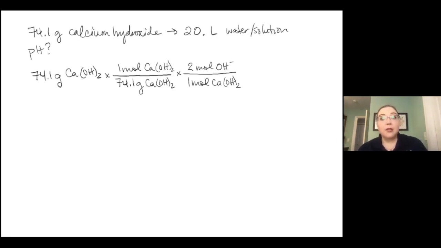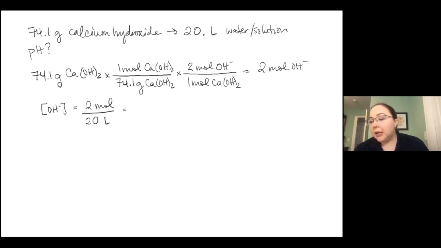Because it's a strong electrolyte, it dissociates completely, and we end up with these 2 moles of hydroxide ions in solution. So when I multiply this out, I end up with 2 moles of hydroxide ions in my solution. And so if I want to find my concentration of hydroxide, it's going to be 2 moles in 20 liters, which is going to give me 0.1 molar hydroxide.